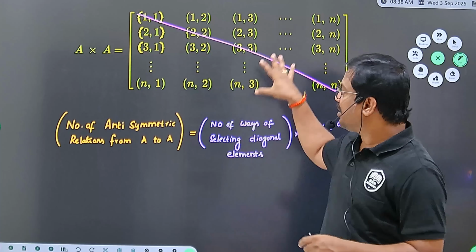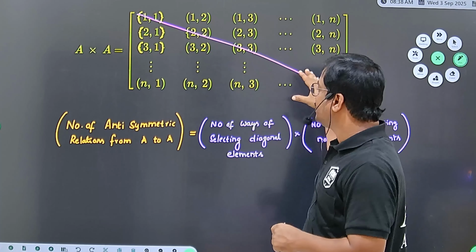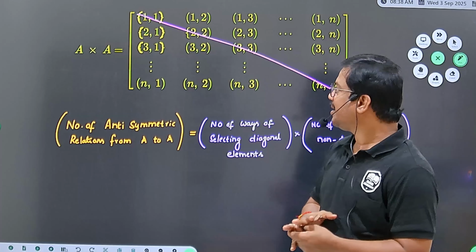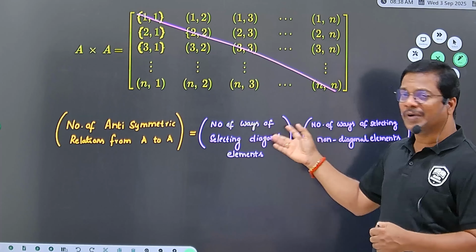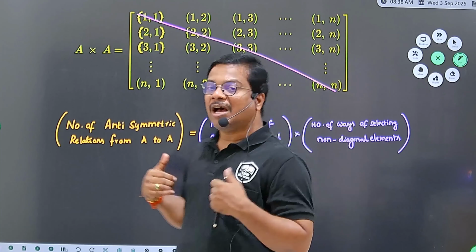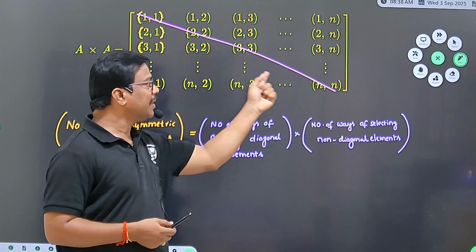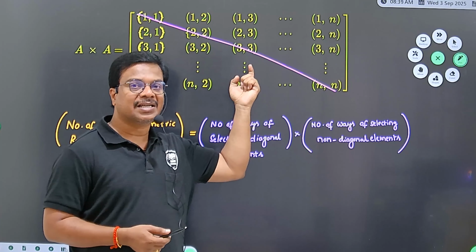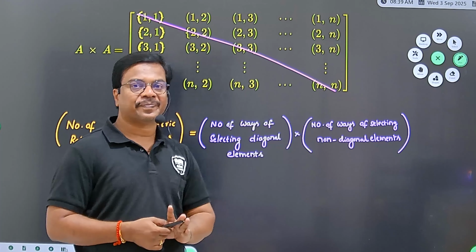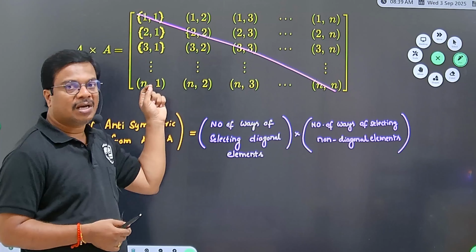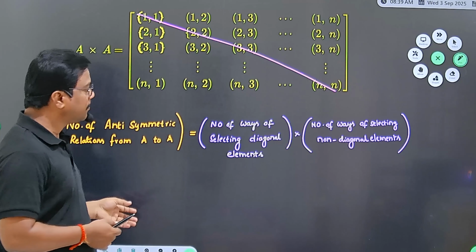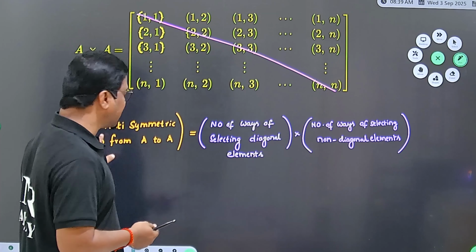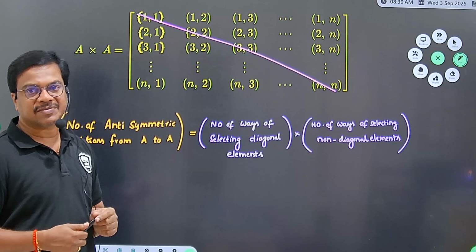So, for the total possibilities, the number of antisymmetric relations, I am going to divide the work into two: in how many ways we can select principal diagonal elements, and second, in how many ways we can select off-diagonal elements. After writing these two, you have to multiply them, then only the entire work will be complete. That gives the result, the number of antisymmetric relations from A to A.